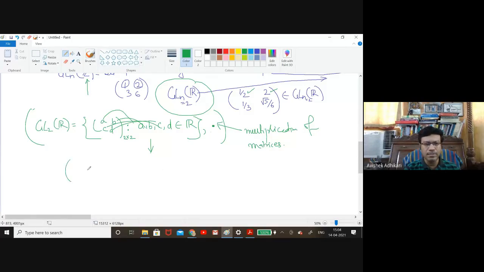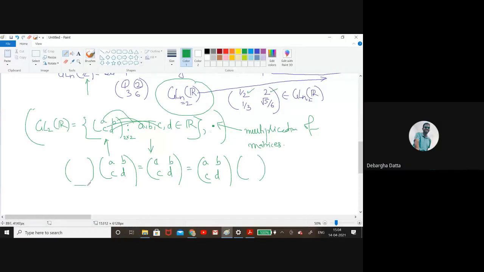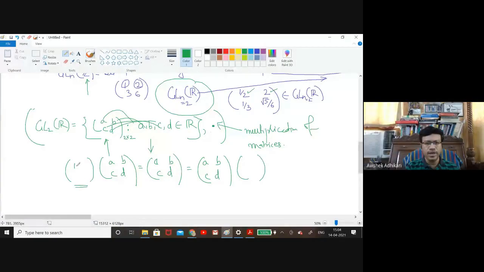So identity element means some 2 cross 2 matrix, and if you multiply with any element from GL2R, that should also return me back A, B, C, D, even if you change the multiplication ordering. That means if I have A, B, C, D, and if you multiply with this, what can it be? 1001, sir. Very good.